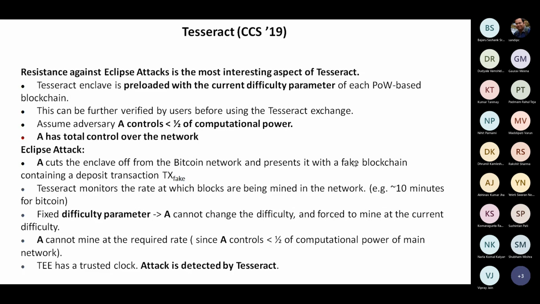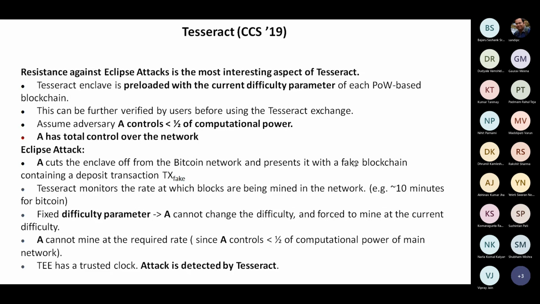But now, even though the attacker can separate out the node, it is not able to collude with the others. The attacker still has a total of 40% capacity of the entire Bitcoin network, so assume that it is less than half the computational power, as mentioned here.